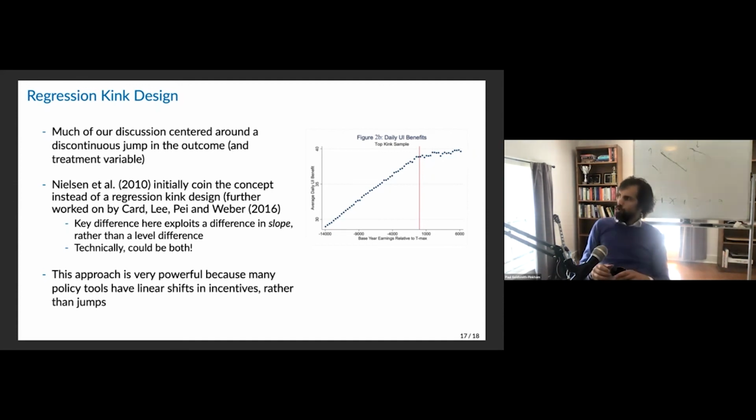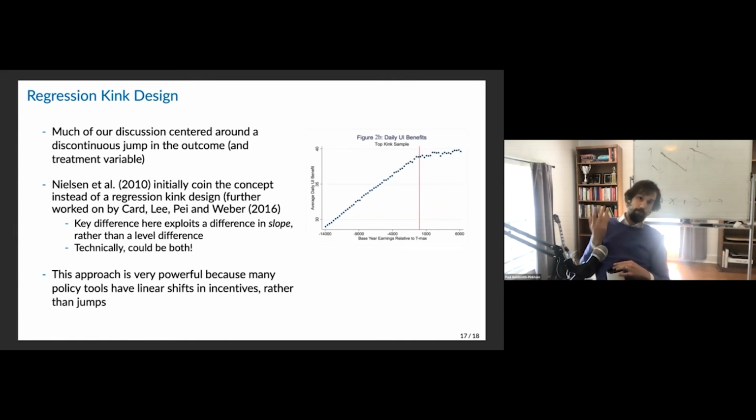What RKD centers around is a parameter that is continuous, and as you cross some threshold, it shifts the relationship between that outcome and the running variable.